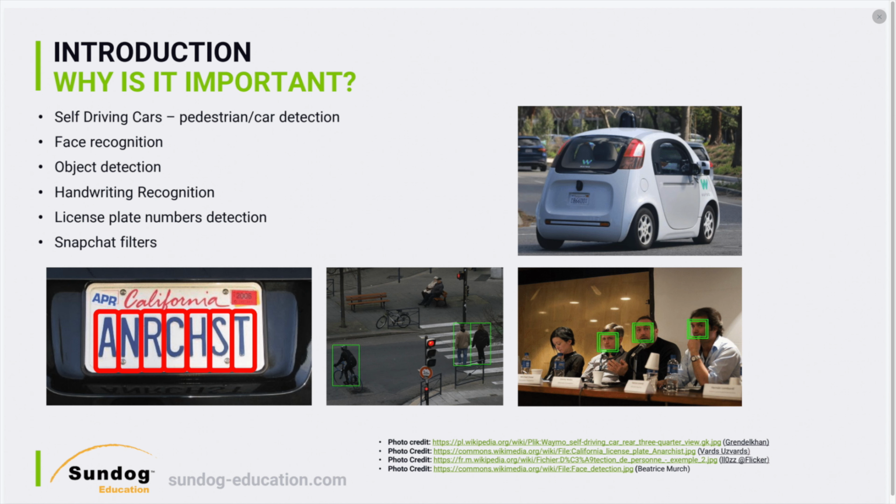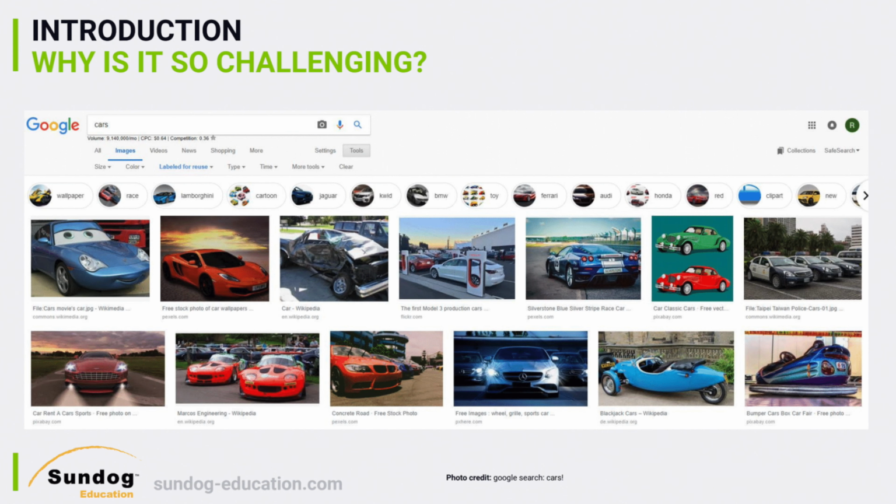All right. Next question, or the most important question, is why is it so challenging? So I just went on Google and wrote, okay, cars. Let's take a look at cars. As you can see, this is basically a bunch of cars. These are images of cars. We as humans can easily classify these images because we have an amazing, outstanding generalization capability.